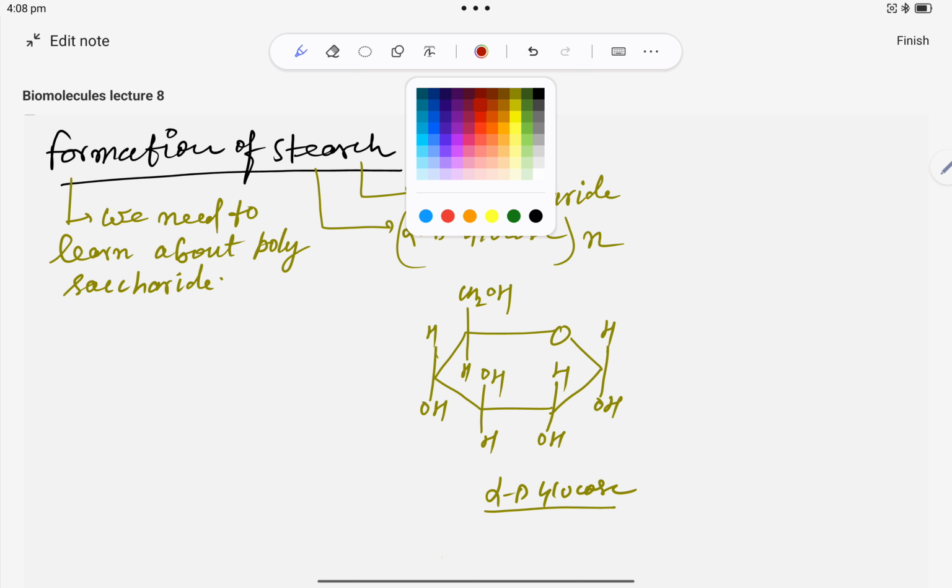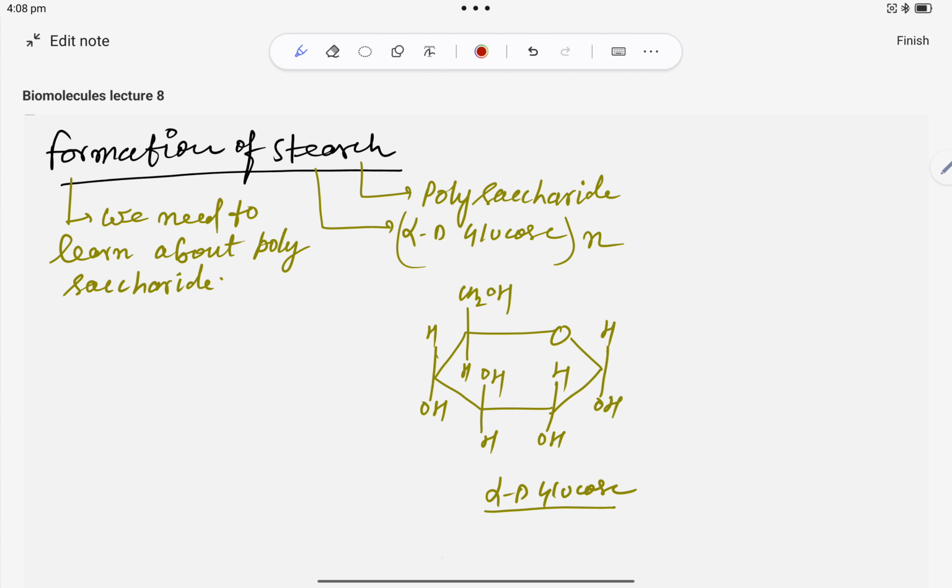Three main polysaccharides we are having: starch, then glycogen, and third is cellulose.